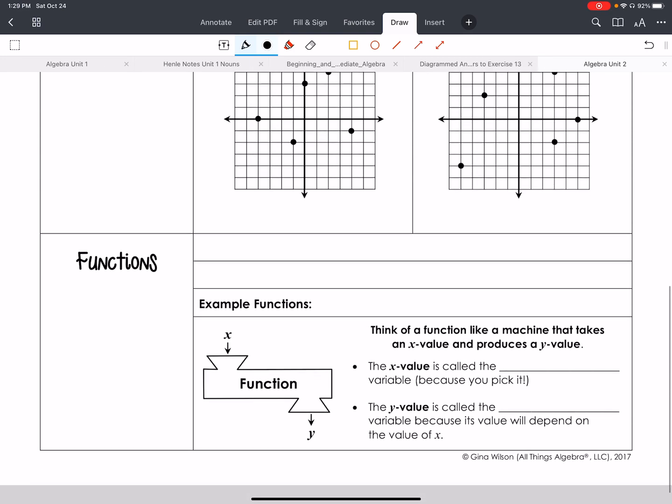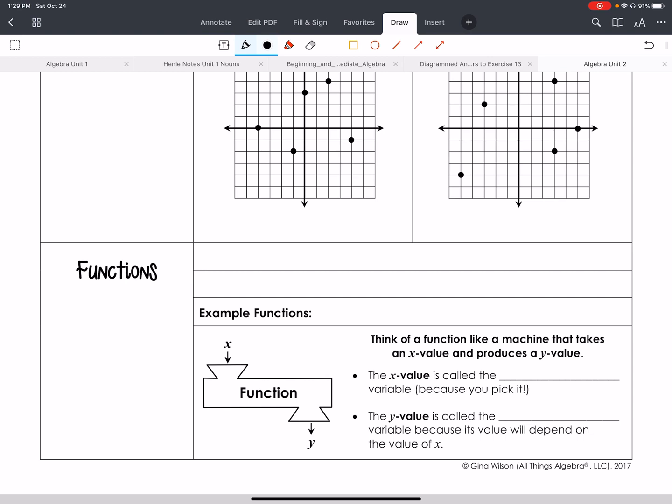Now, we want to look in math at a very special kind of relation, and it's going to be called a function. A function is an equation. Actually, that's wrong. It's an expression. And sometimes we call it a rule that takes a number, an input, which we will call our x.